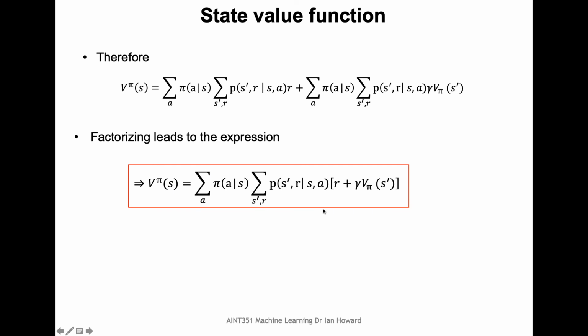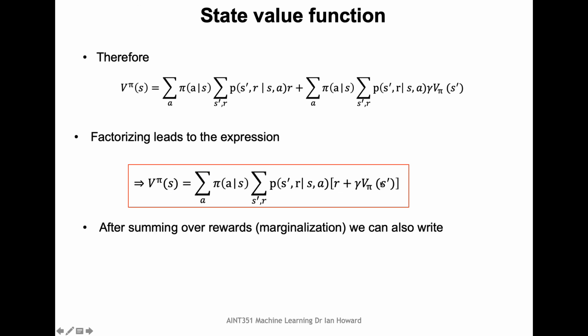If we factorise out the expression for the policy, pi a given s, we end up with the expression: the value of a state S under a policy pi is given by, first of all, the sum of the policy A given S multiplied by the sum across all future states and all future rewards of the probability of this thing actually occurring, multiplied by the value of the immediate reward added to the value of the future state.